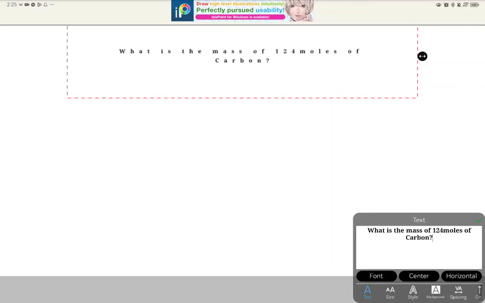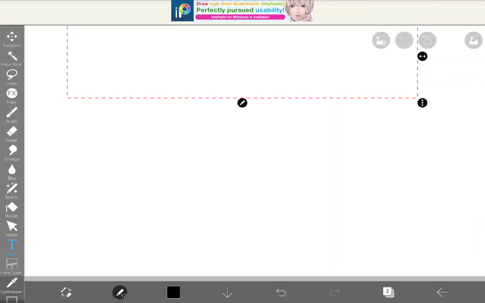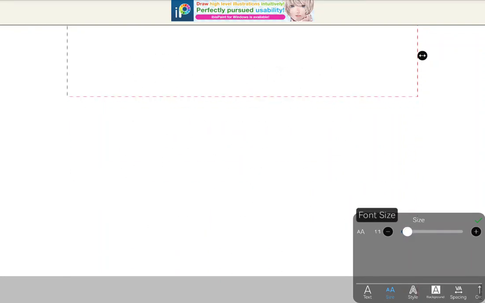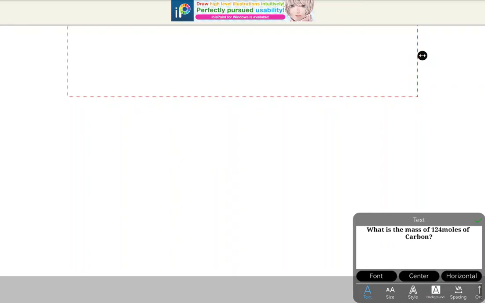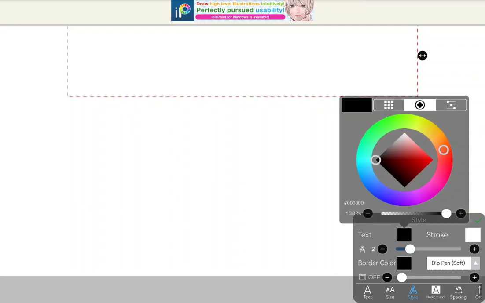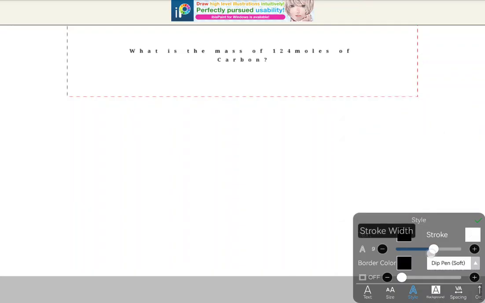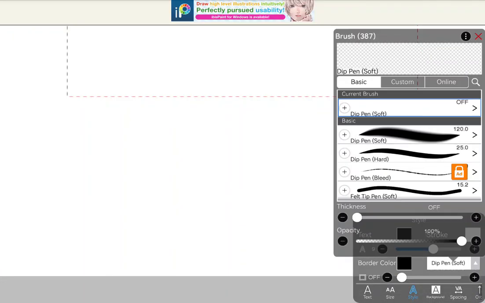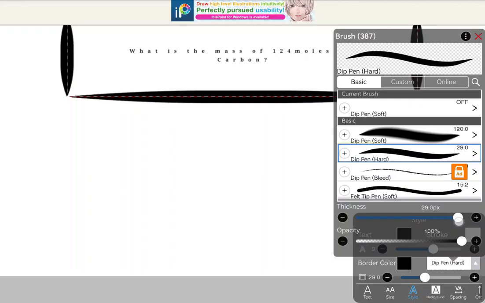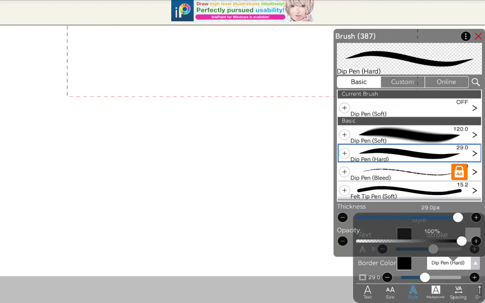Okay, in this question we need, again, to find the mass of a certain carbon.